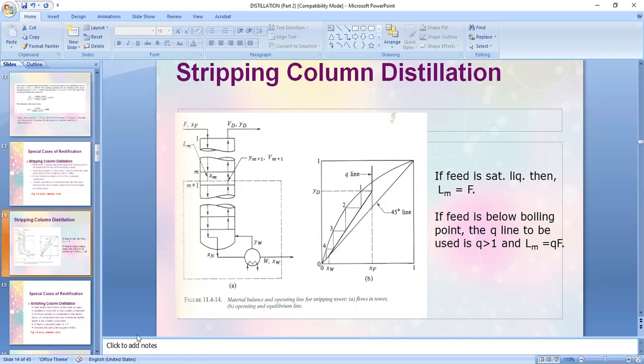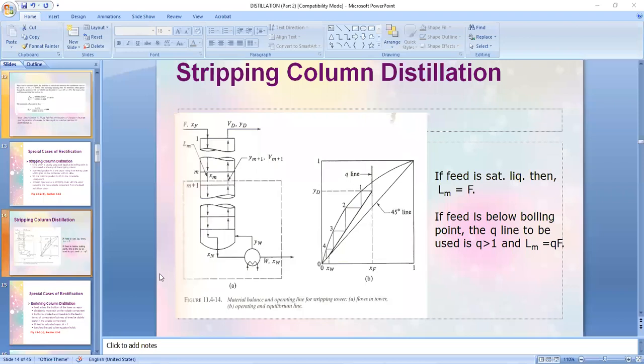Can you hear me? Can you see the stripping column distillation illustration?